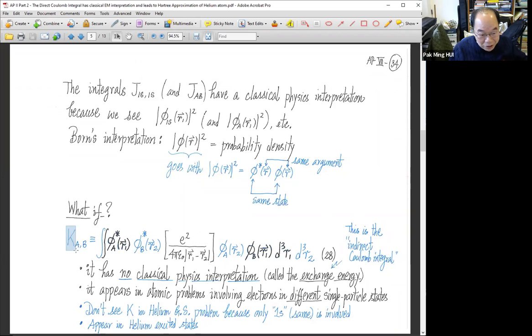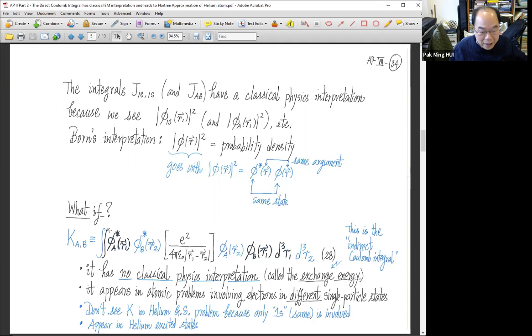This integral is related to two different states, A and B. Now, look at this funny thing. In one color, I have this R1 here. On the left-hand side of the integral, it is in state A, but on the right-hand side, it is in state B. Similarly, for R2, this side is in B, this side is in A.